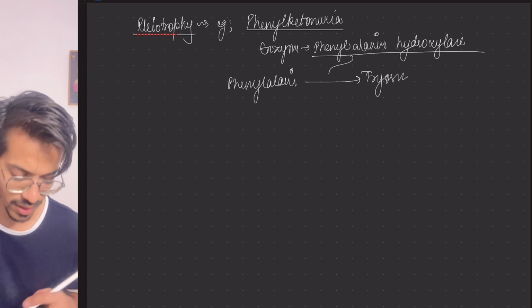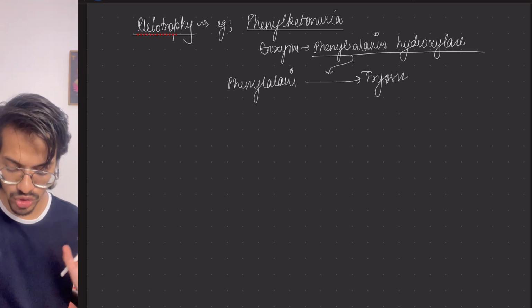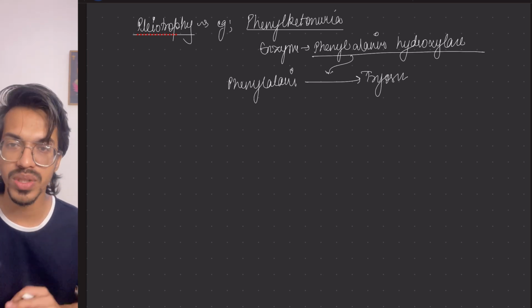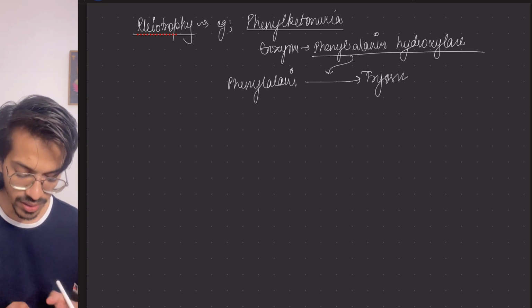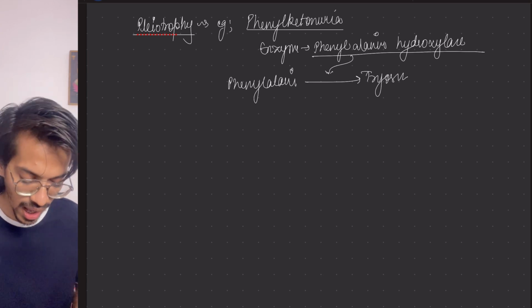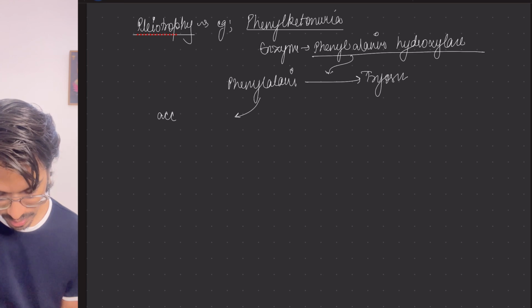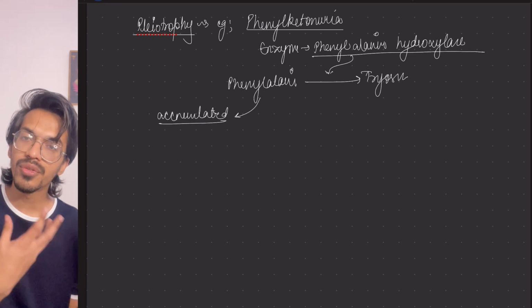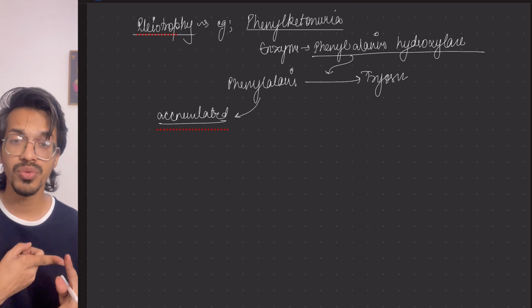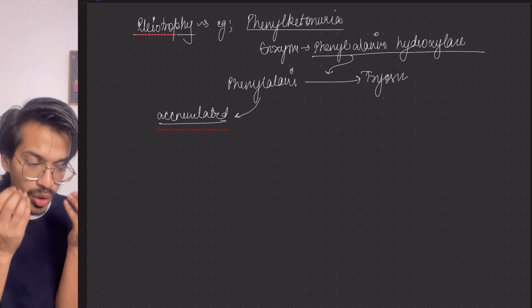So this is needed. The gene must be making it, and if the gene that is making it is mutated, then what will happen? Phenylalanine is not able to change into tyrosine, and it will start getting accumulated in different body parts, like your brain, which leads to mental retardation, and in the skin, below the dermis layer.